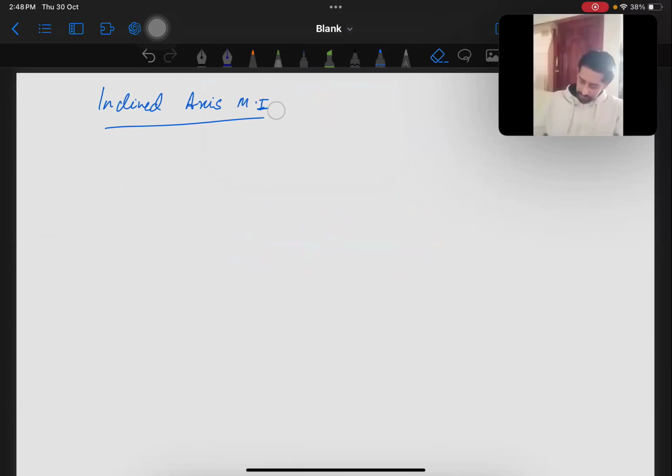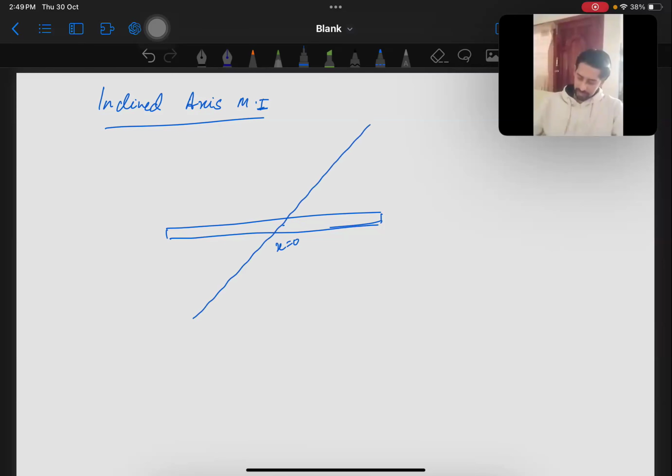Okay. So now let's take up the case. This is the center of mass, and we are going to set this as the origin itself, x equal to 0. This one over here is the axis. And the axis is not at 90 degrees, it is at a theta value over here.